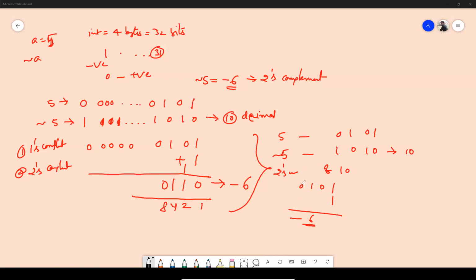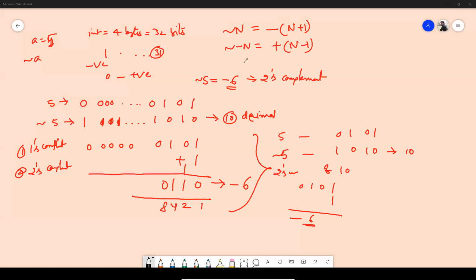Still confusing? Okay, we have one formula. Tilde n, where n is a positive number, becomes negative and n plus 1. If you want to get a negative number, minus n, then it will become positive, then n minus 1.